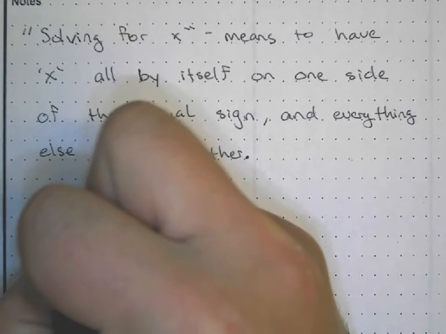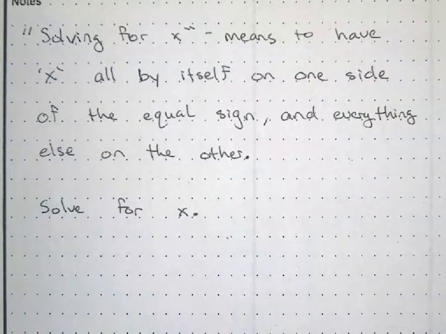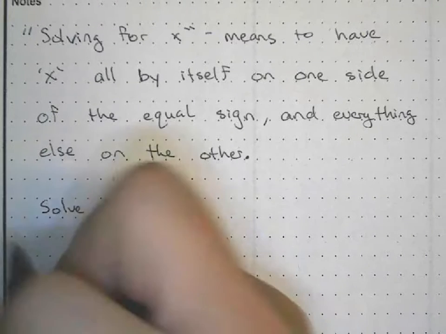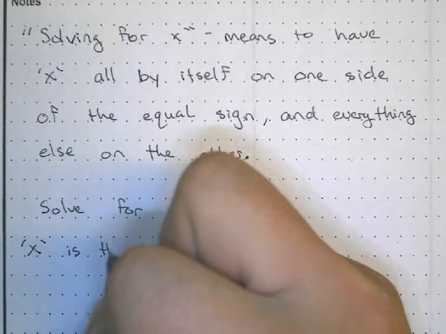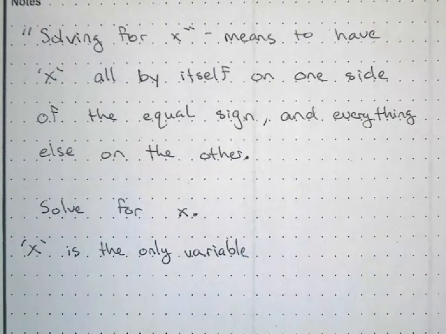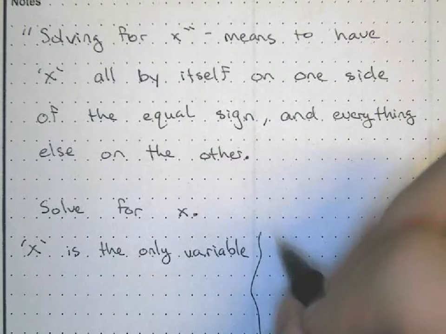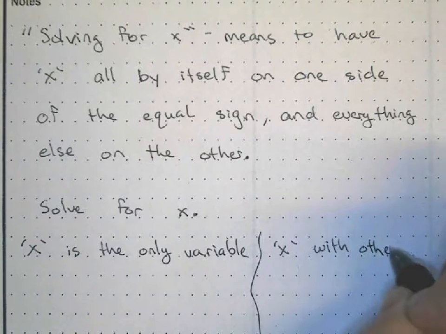So let's do an example where we solve for x. What I'm going to do is put two equations side by side, one that we're comfortable with solving and one where the new idea that we're presenting today. So let's do this side where x is the only variable, and on this side we'll have x with other variables.